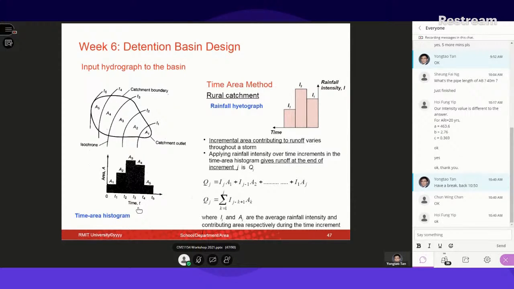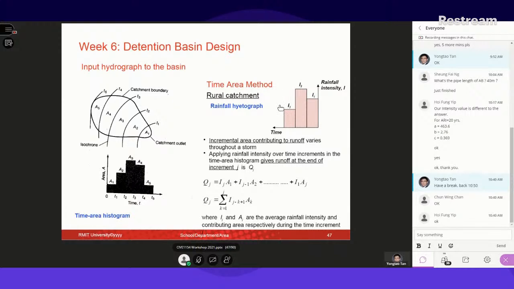Applying the rainfall hyetograph over each time increment in the time area histogram, we can have the runoff at the end of the increment, so we can have the runoff of each time interval using this method.